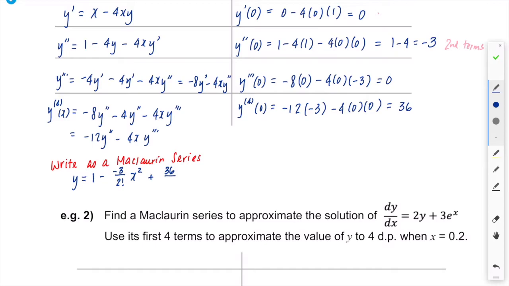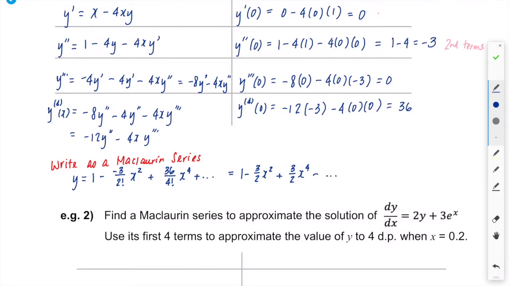So this is the fourth, x to the power 4 term. Okay, which gives us, when we simplify this, 1 minus 3 over 2 x squared plus 36 over 24, so 3 over 2 x to the power of 4 minus dot dot dot.